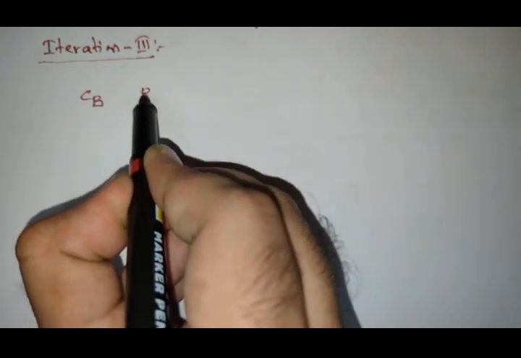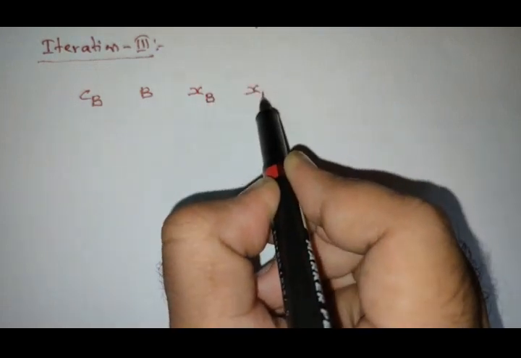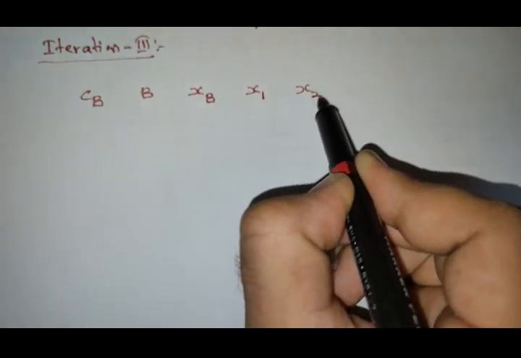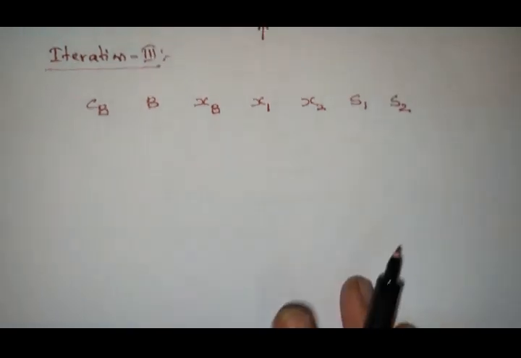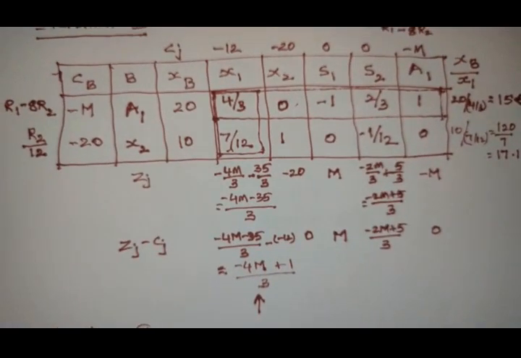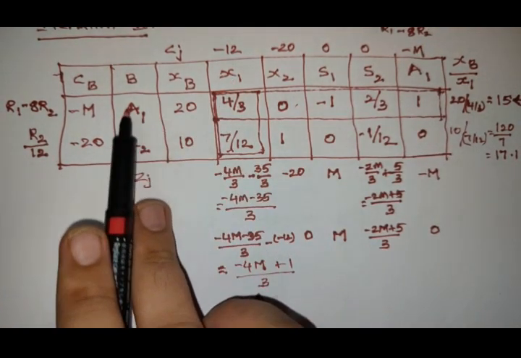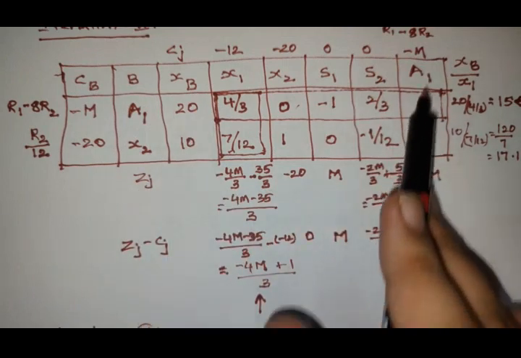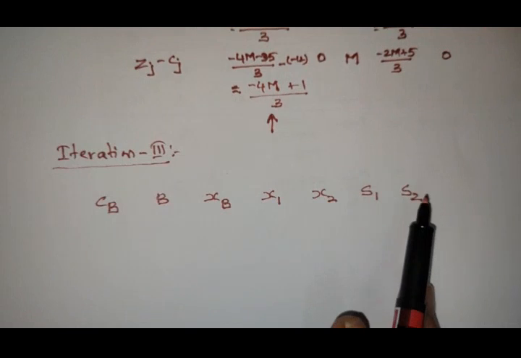Now let us write the table: CB, B, XB, X1, X2, S1, S2. Up to this is common. Here A1 is replaced by X1. As A1 is going, we can remove the A1 column, so I am not writing A1 here.